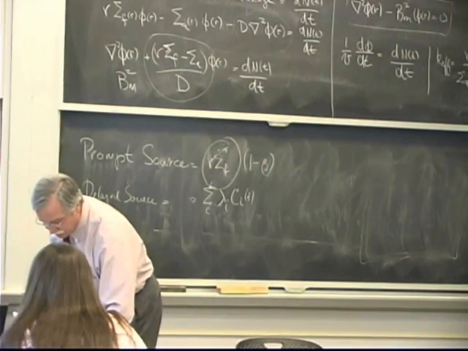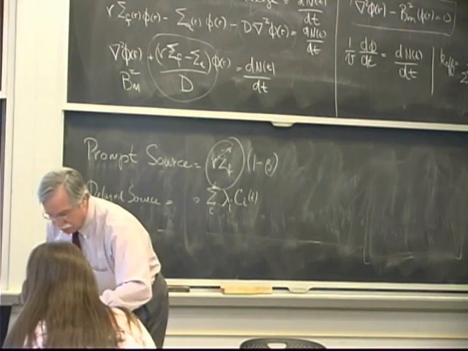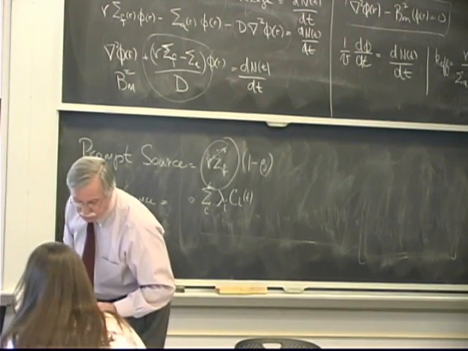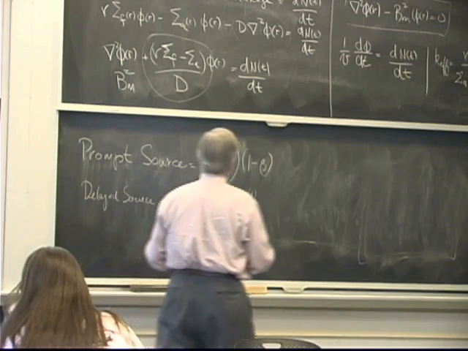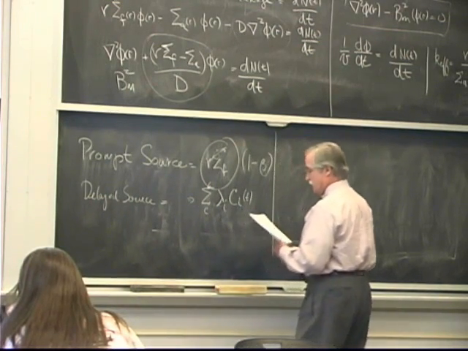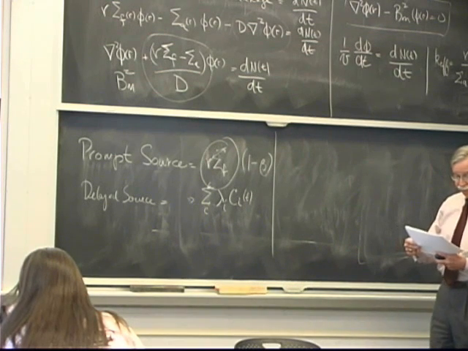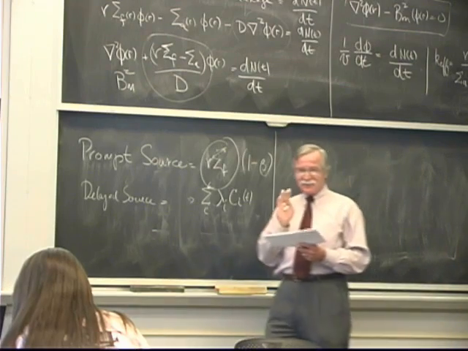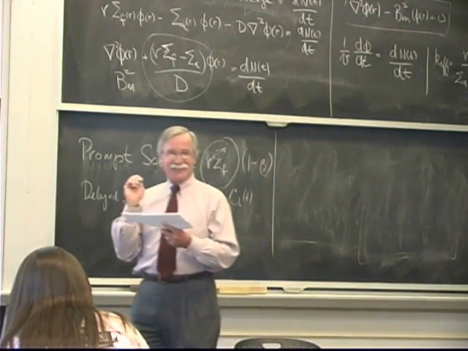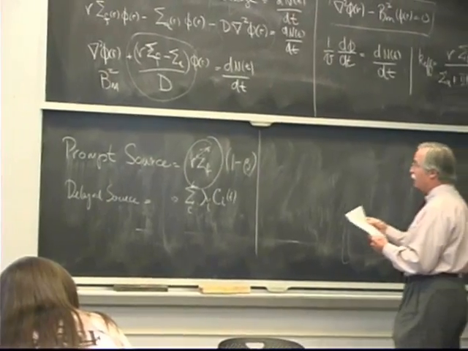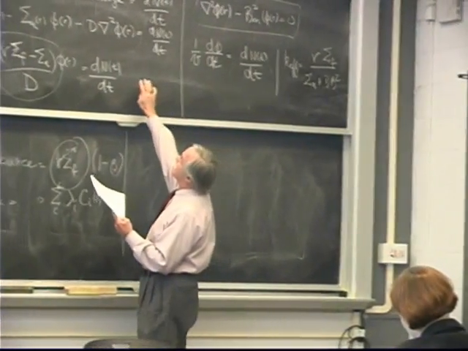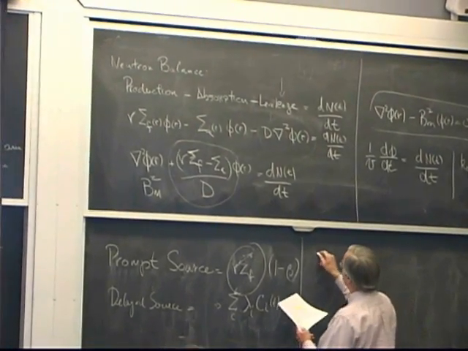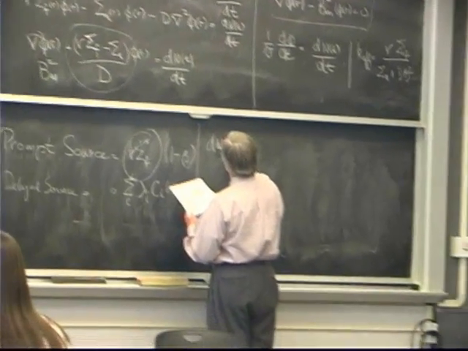Next page here. If we then try to write the same neutron balance equation, how would we do that? Now this is reactor physics 2205. I'm sure this is all review, but if we start back with this equation here, how would we take the number of neutrons as a function of time?